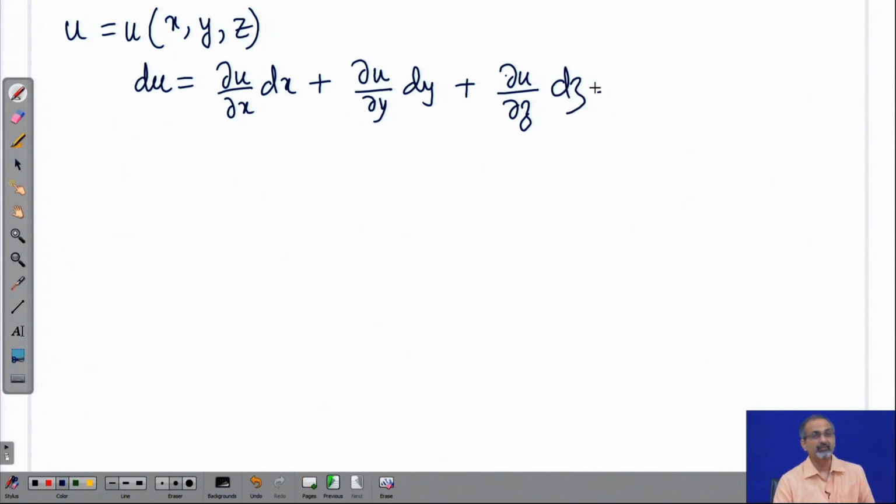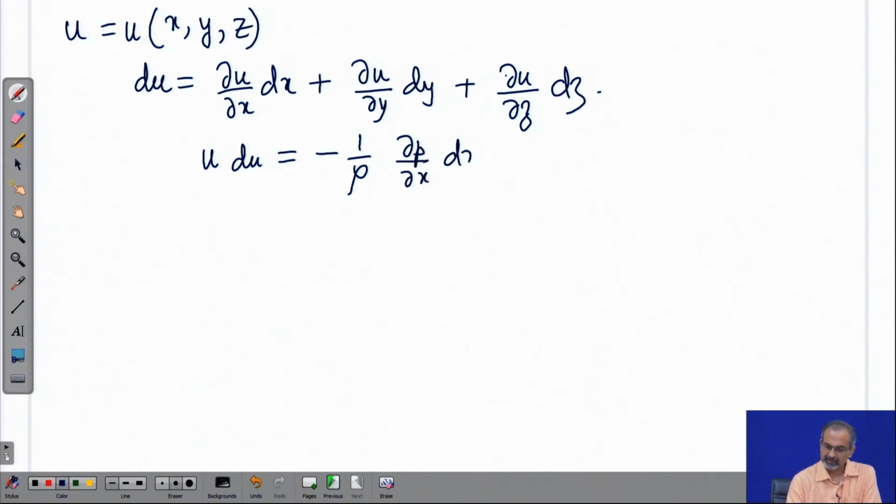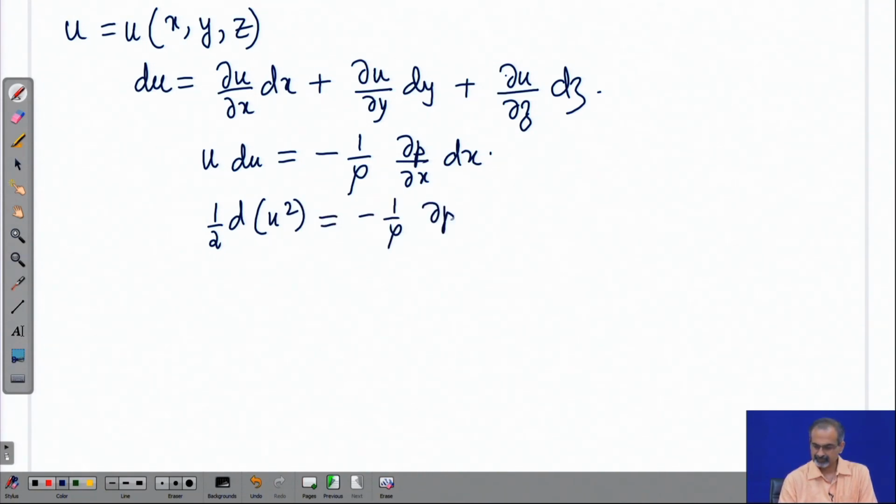This is how you can write down the differential. Now, if you combine the last two equations, you will find that you can now write it as u du is equal to minus 1 by rho del p del x dx. Now, if you take this into the differential, it is d of u square with a half outside, right hand side remains as it is.